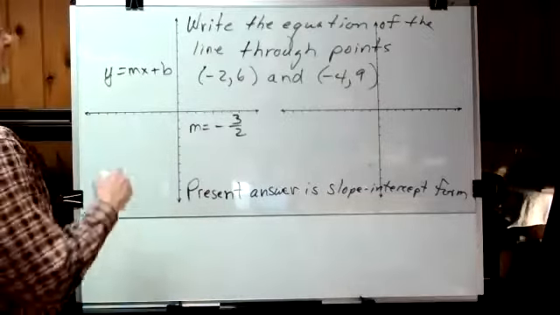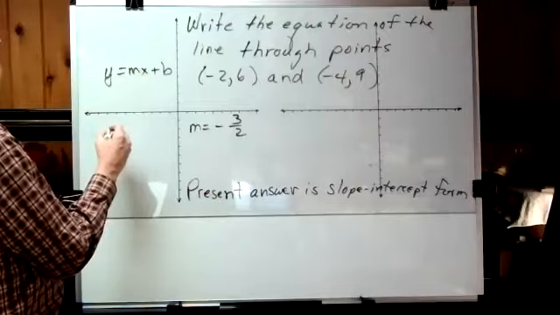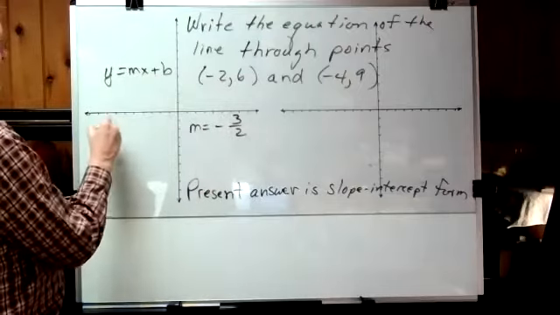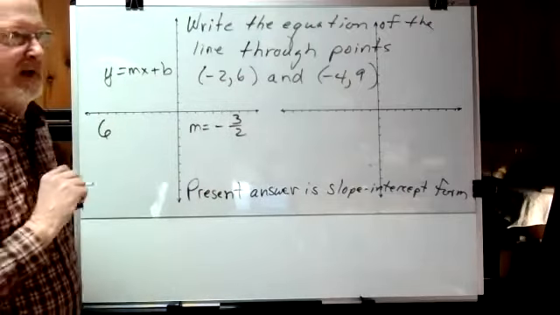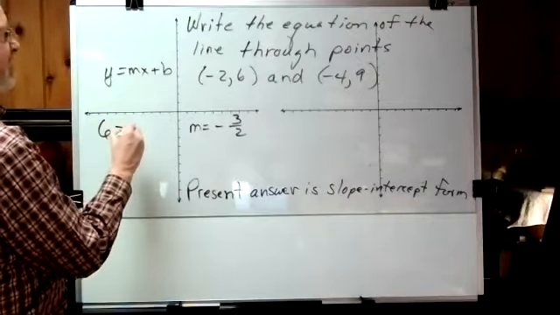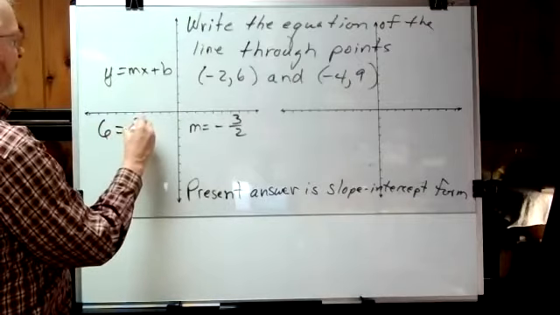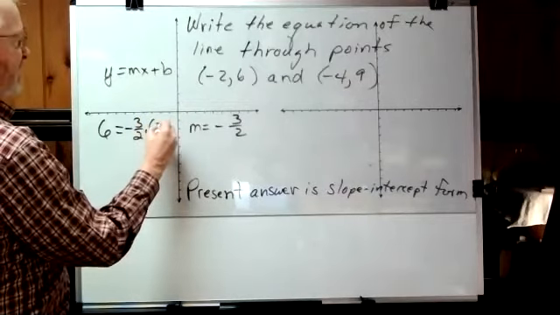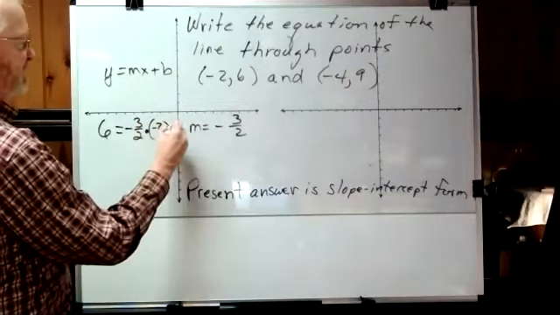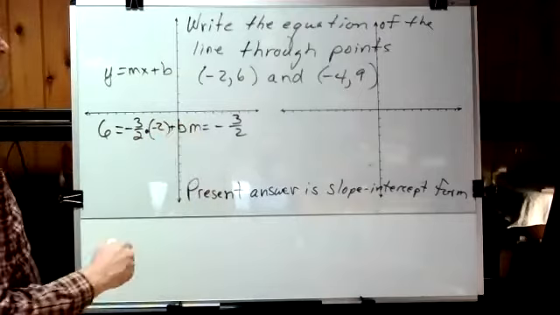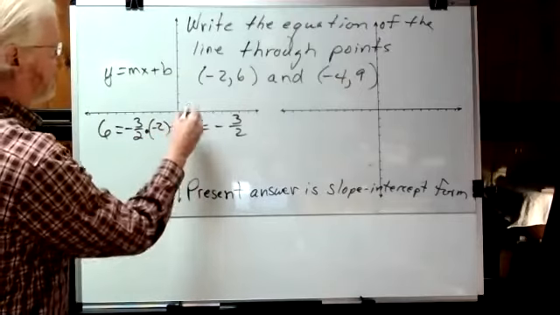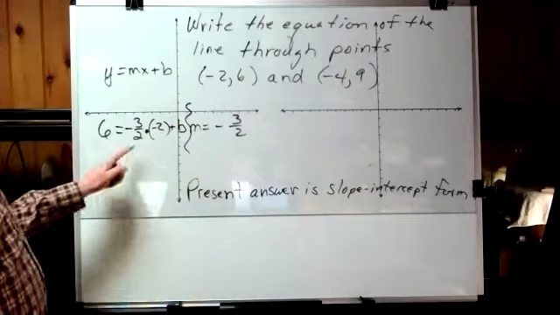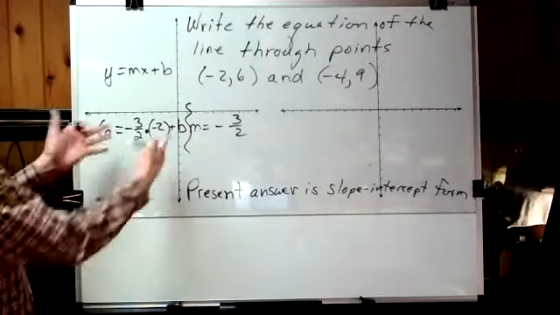Let's do this technique. Solve for b. That's got to be the y equals that, right? The slope I came up with times the x value of -2. There's my parentheses because of the negative sign. Now I'm going to simplify that.